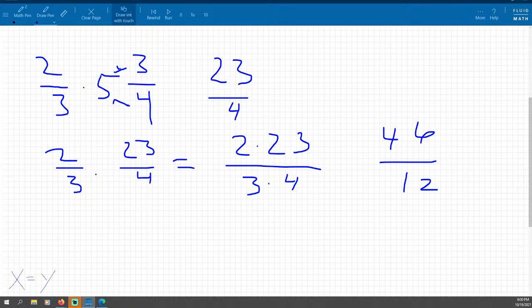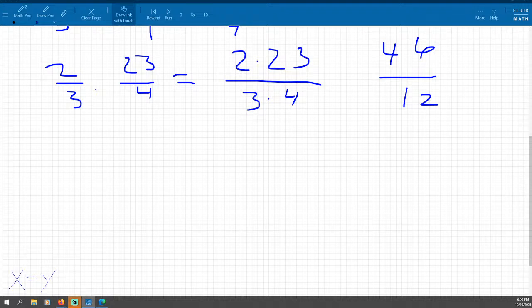Let's go back a step. Oh, 2 and 4. You don't have to rewrite this, but you can pretty much say 2 over 4 times 23 over 3. What does this reduce to? 2 over 4 is going to reduce to 1/2.